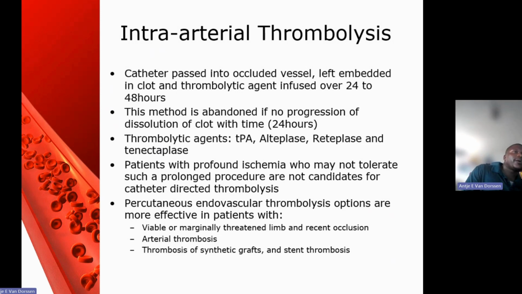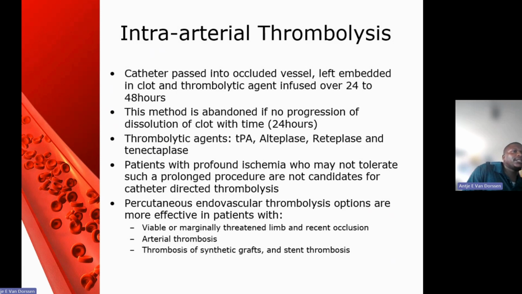And patients with profound ischemia who may not tolerate such a prolonged procedure should not be considered for this intervention. So percutaneous endovascular thrombolysis options are more effective in patients that have a viable or marginally threatened limb, so Rutherford 1 and 2A.